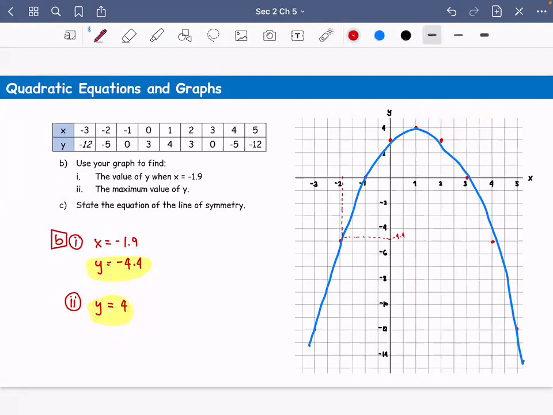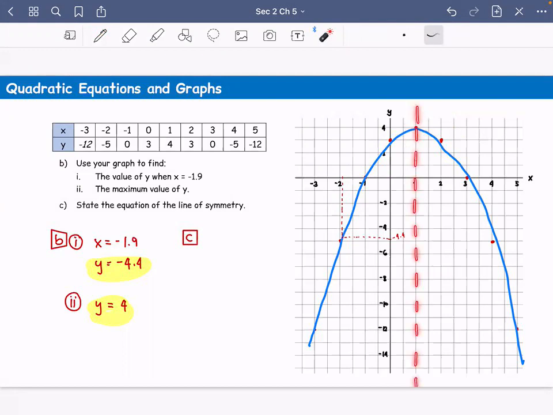Now, for letter C, it's asking for the line of symmetry. What is the line of symmetry? The line of symmetry is a straight vertical line that intersects our maximum point and divides the graph into two equal parts.